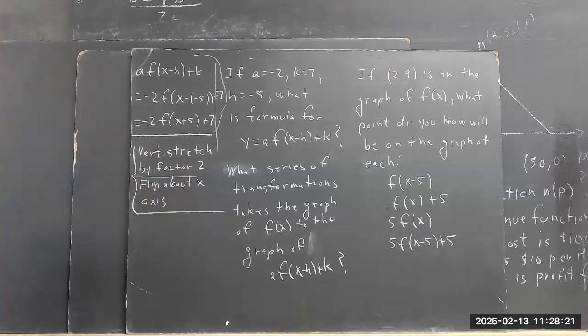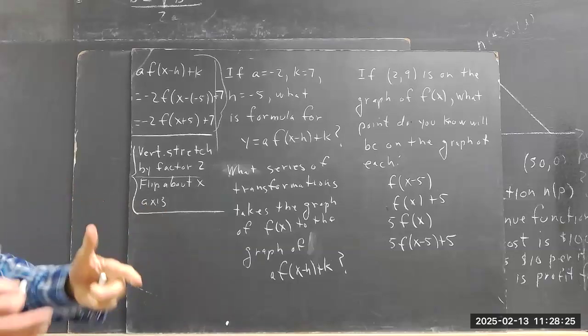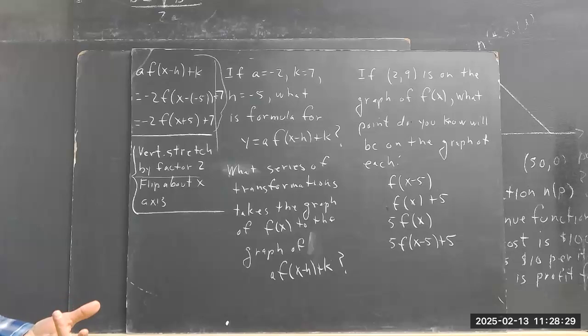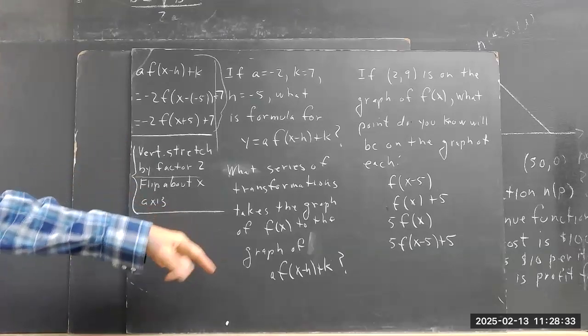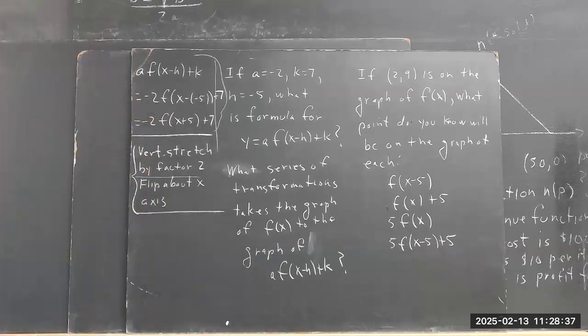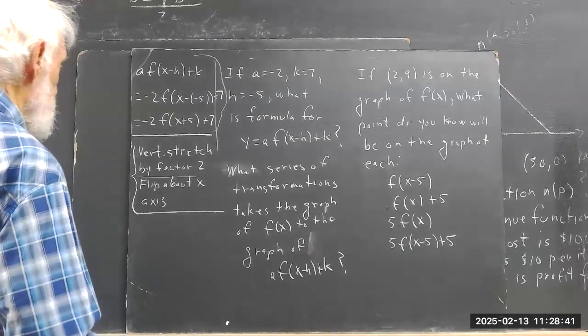So if you got them out of order, if you did this last, it's not quite right, but you have all the right steps. You just got to understand it makes a difference when you do your multiplication. You get a completely different graph if you do these things last after the shifts, the vertical and horizontal shifts.